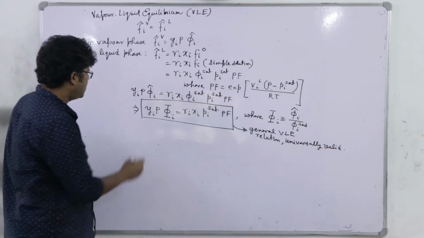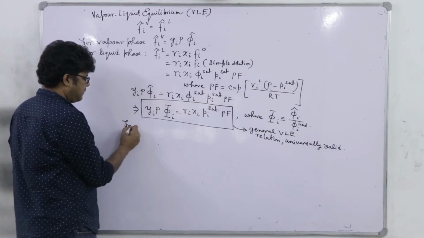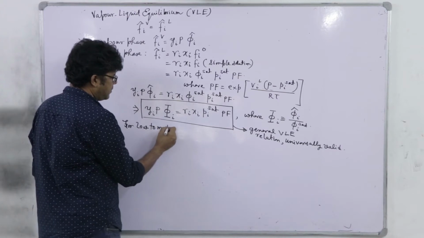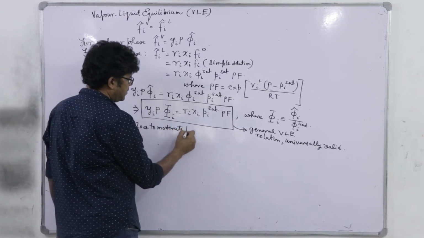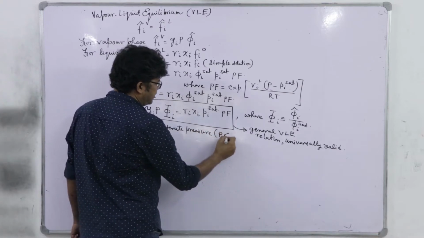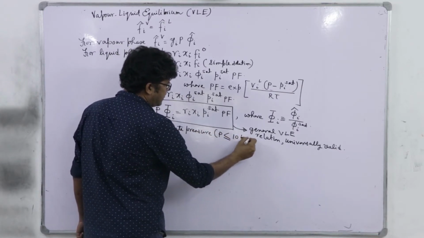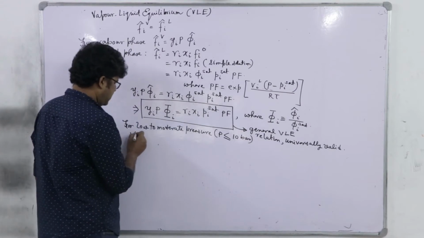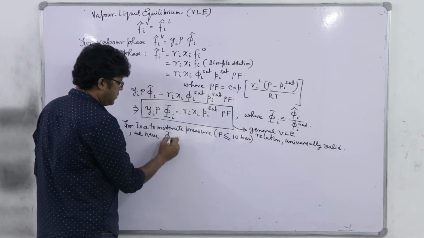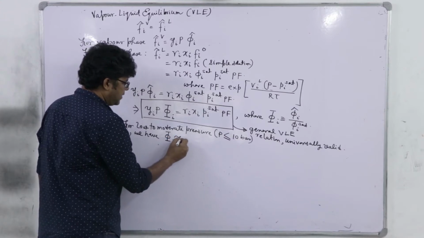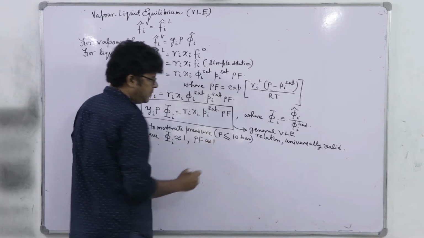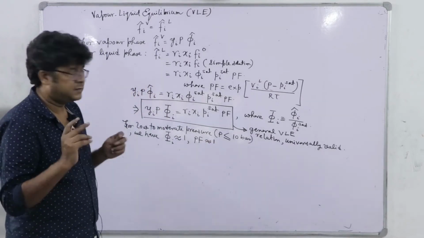Now for low to moderate pressure, that is pressure less than 10 bar, we have capital phi i, as I mentioned, in the order of 1, close to 1, and also the Poynting factor can be approximated fairly close to 1.